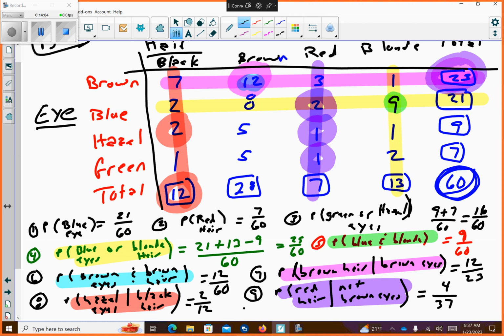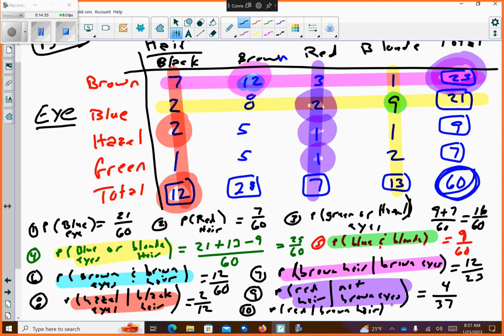And then problem number 10, squeeze down here. What is the probability that a person has red hair such that they have brown hair? Okay.